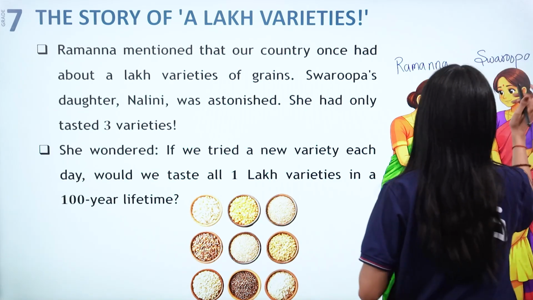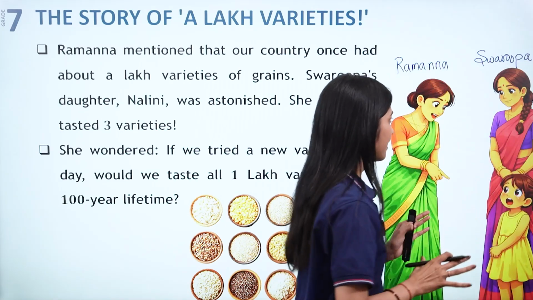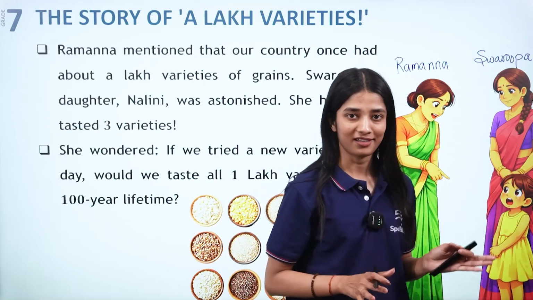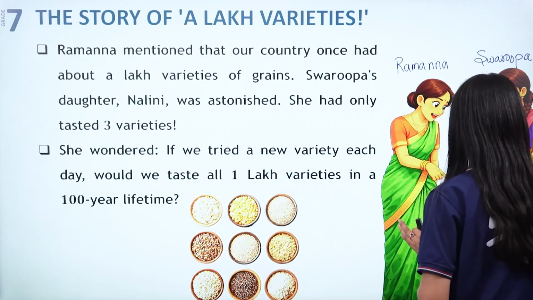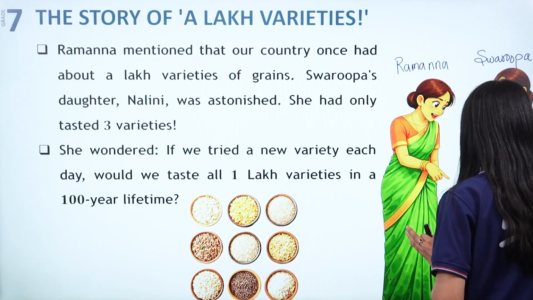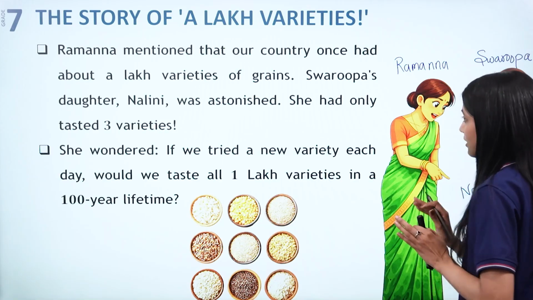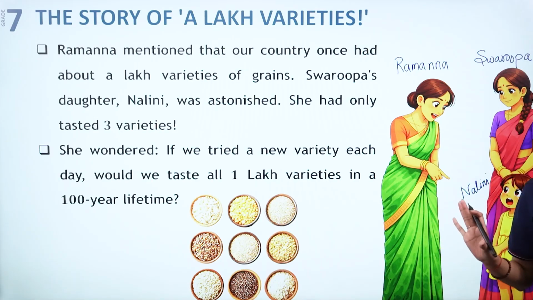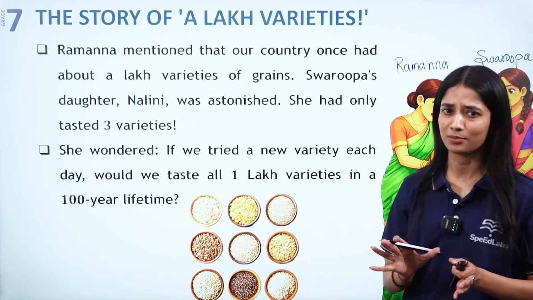They are friends, and Swarupa's daughter is there, whose name is Nalini. These are the three girls who are discussing something.